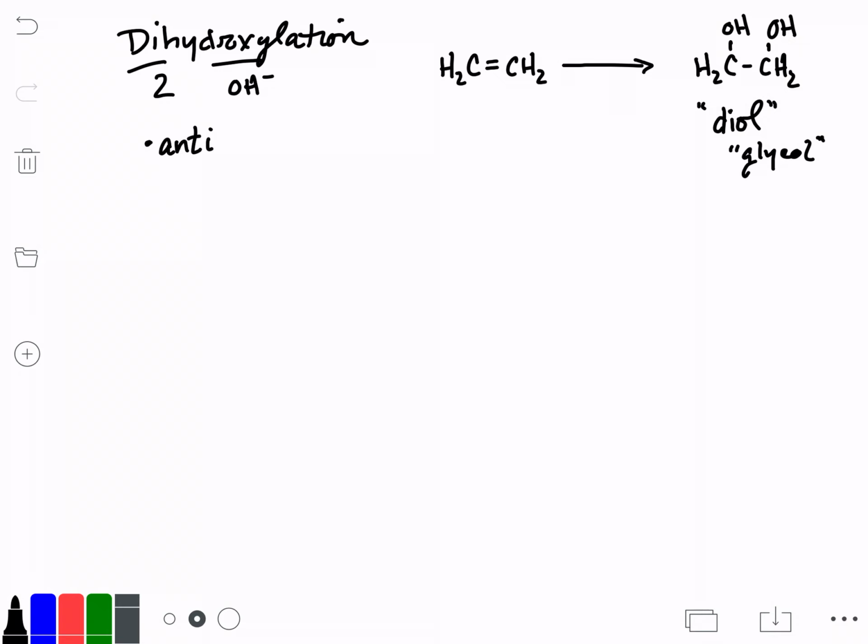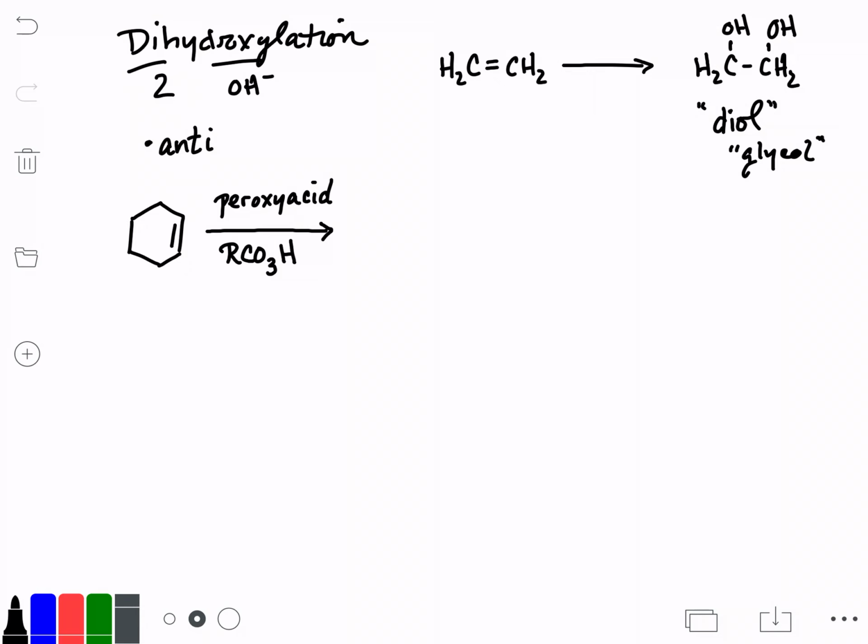And so that we can look at stereochemistry, I'm going to use a ring shape. And so we'll look here at something like cyclohexene. The first step is to treat this with a peroxy acid. So a peroxy acid has the formula of RCO3H.